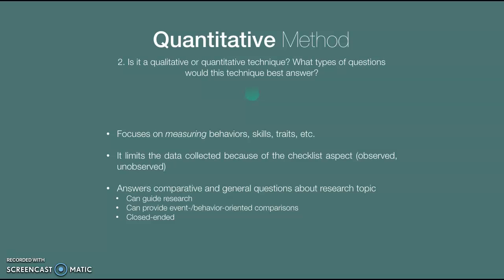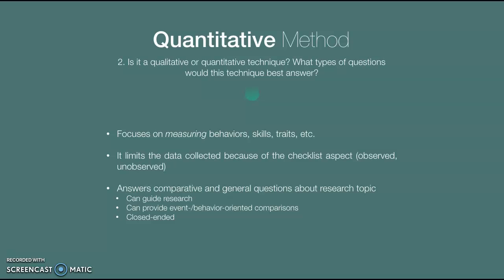So checklists also limit the data collected, like I said, because they are really just looking at, was this observed or was it unobserved? And they also answer comparative and general questions about your research topic. So if you have questions about comparisons, or you want to guide your research a little bit more, they do come in handy.